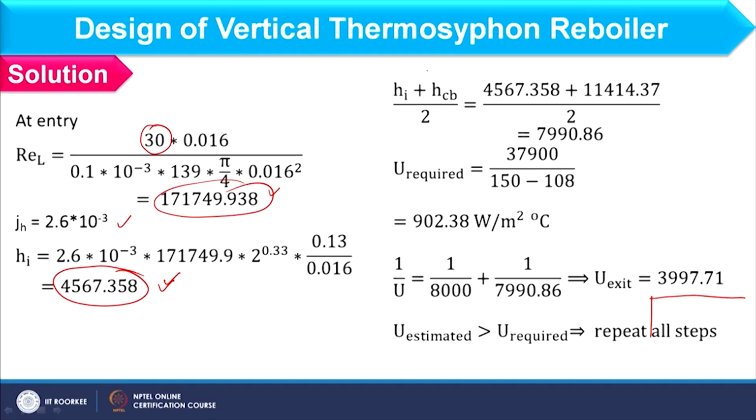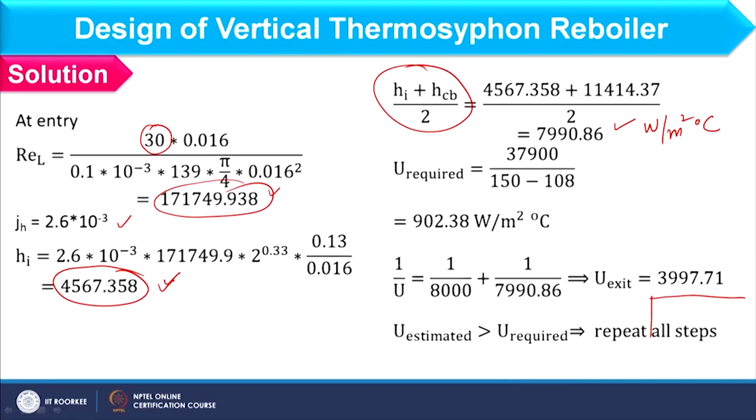Now, we will average the heat transfer coefficient at inlet and exit condition in the tube, and total heat transfer coefficient you can obtain as 7990.86 watt per meter square degree Celsius, right. So, this is basically heat transfer coefficient.